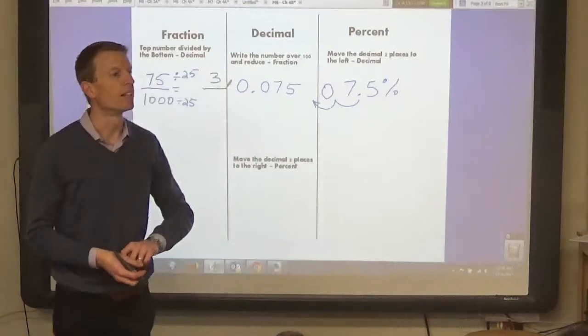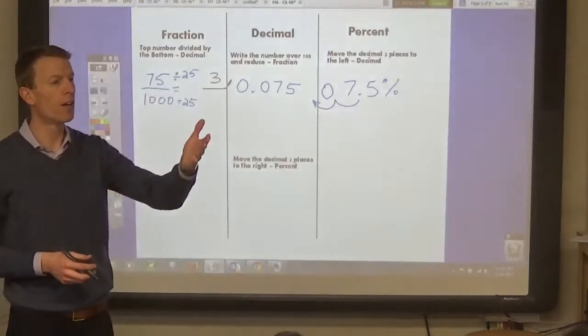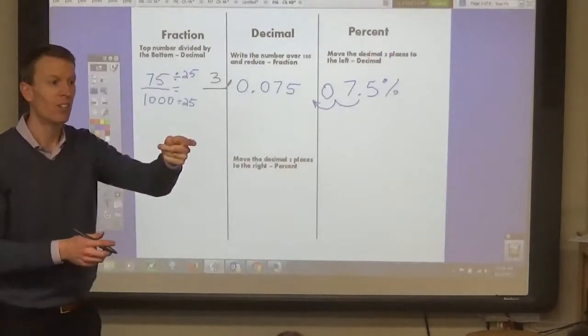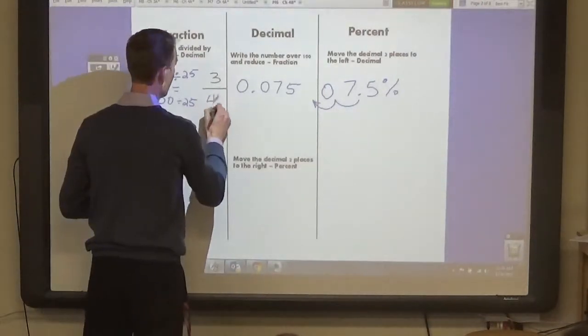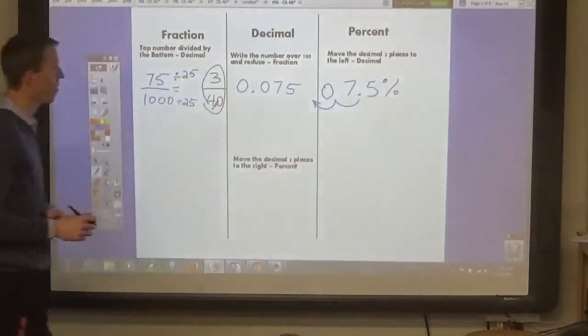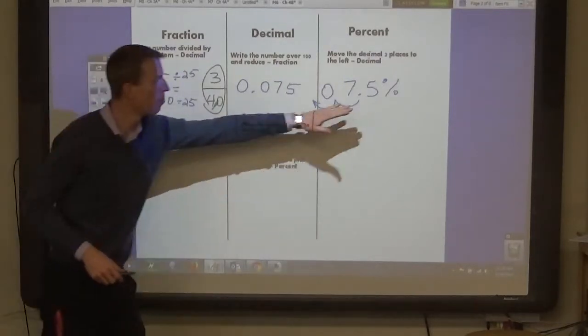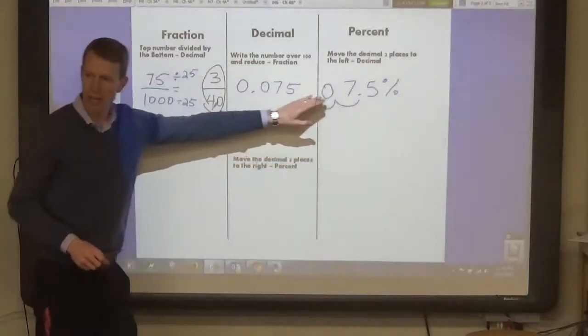But think about this. What's 100 divided by 25? 4. So 40. Good. 3/40ths. Is that in simplest form? Yep.